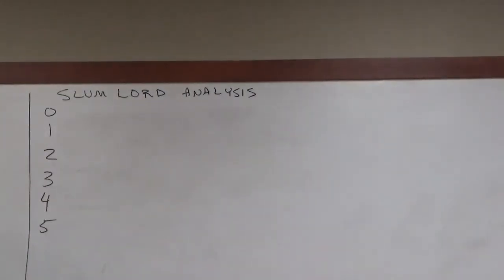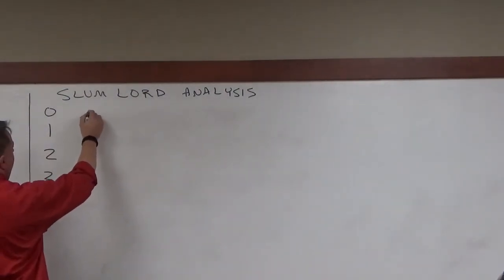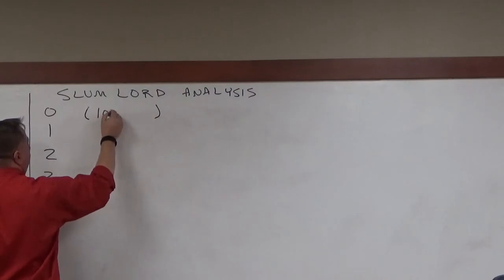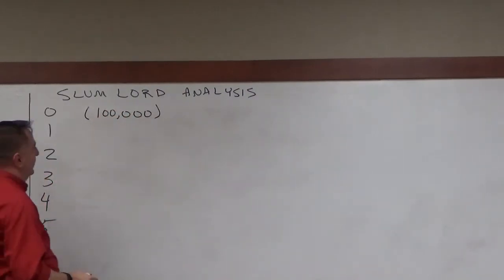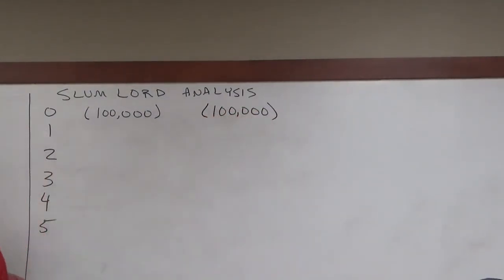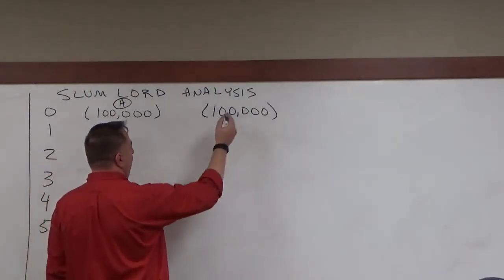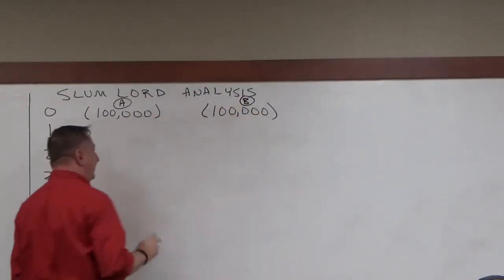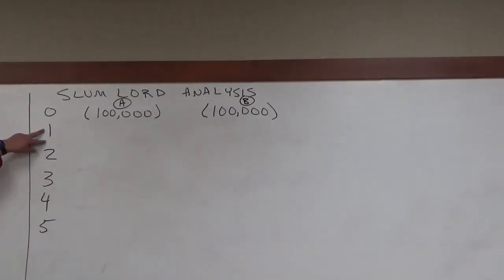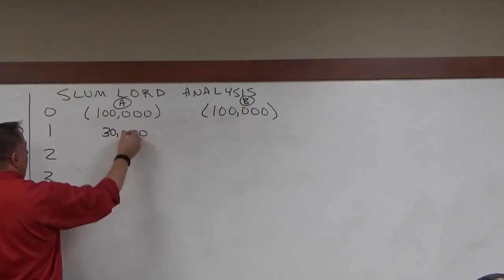So what we're trying to illustrate here is, let's say we've got one project where we've got $100,000 cash outflow at time period 0. We're going to approach the project one way, type A, versus type B. The cash flows that we receive from this project, our before-tax cash flows or net operating income, let's say for this property it's going to be $30,000 a year.